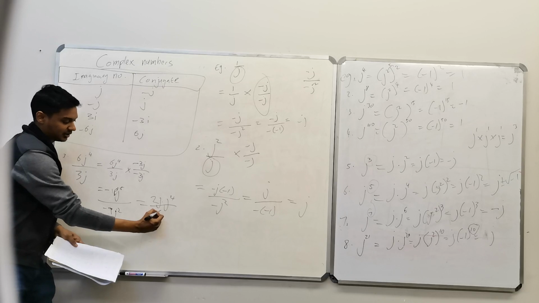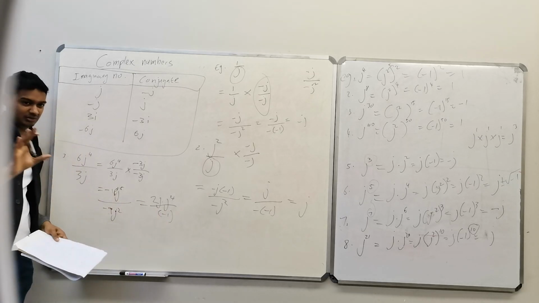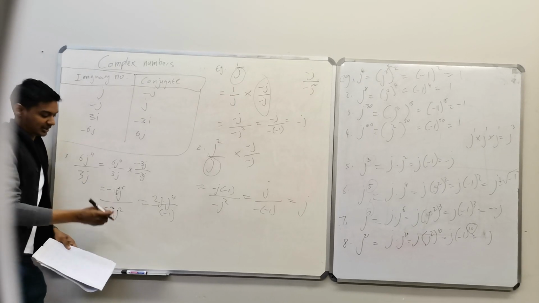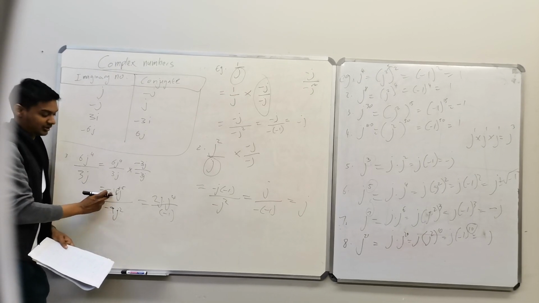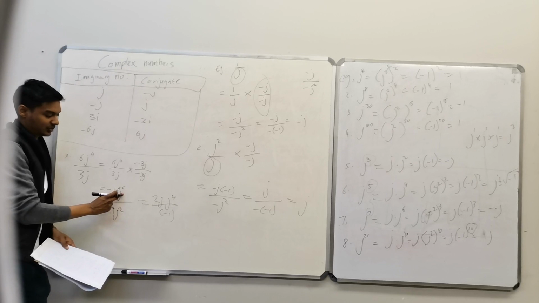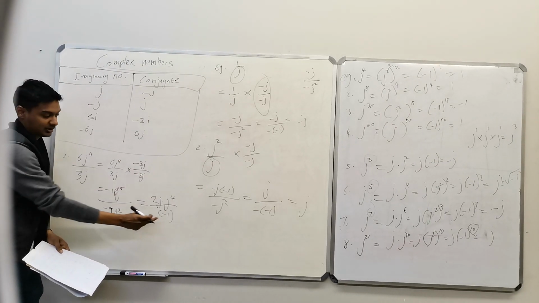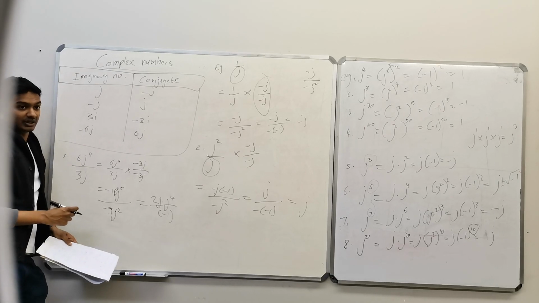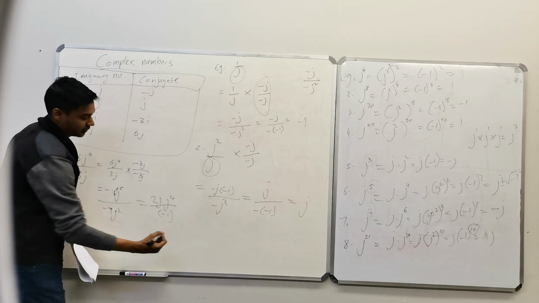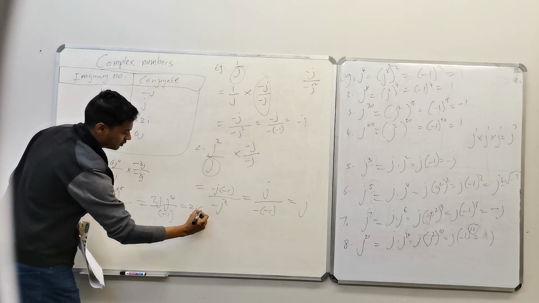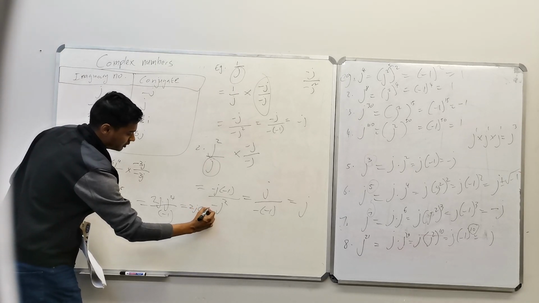We leave the bottom as negative j. Separating the 5 as we did there, and we know that j squared is negative 1. Then we go 2 into negative 1, 2.